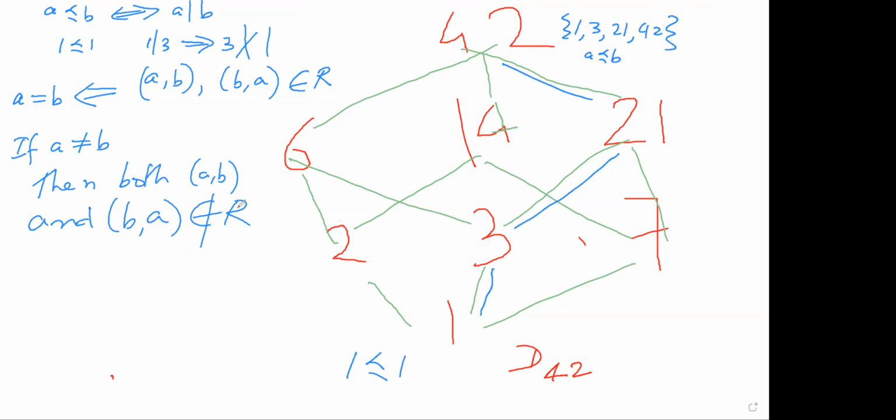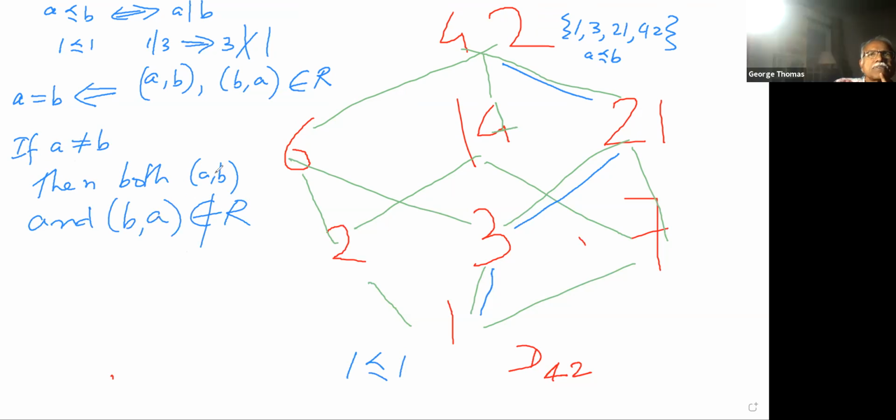Then A has to be equal to B. But if we start with A not equal to B, then we cannot have this flip. And it doesn't flip here because 1 divides 3, 3 doesn't divide 1. So anti-symmetry is satisfied. Agreed?